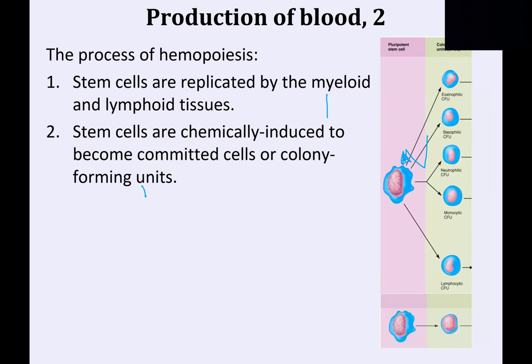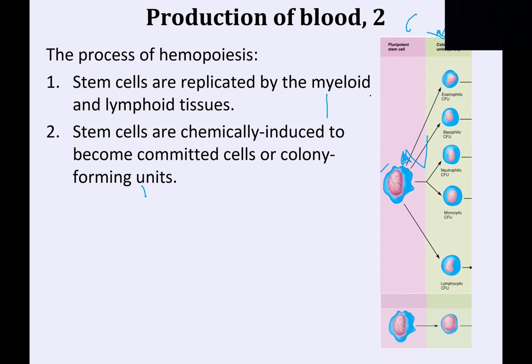Second step, the stem cells are chemically induced to become what I learned as committed cells, and now they're referring to them as colony forming units. Again, these aren't all of them, those are most of them. It doesn't show the progression of platelet development.